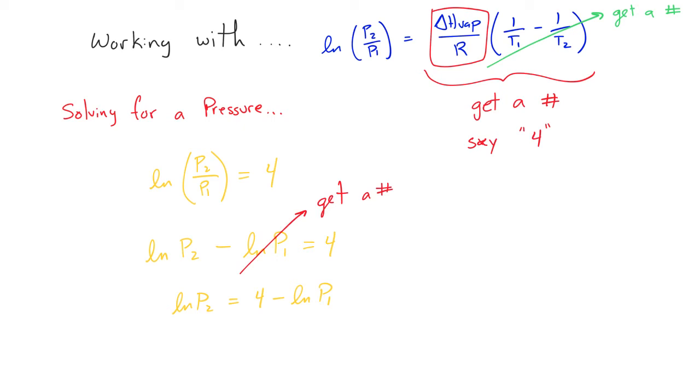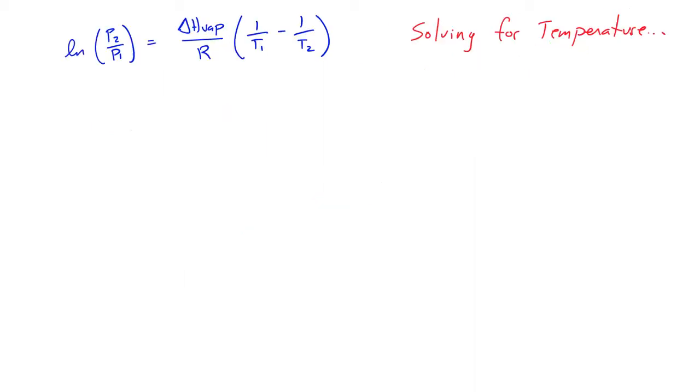To solve for P2, we want to take the inverse natural log of both sides. So taking the inverse natural log of the natural log of P2 is just going to give us P2. And this is going to give us the natural log of 4 minus whatever number we got for the natural log of P1.